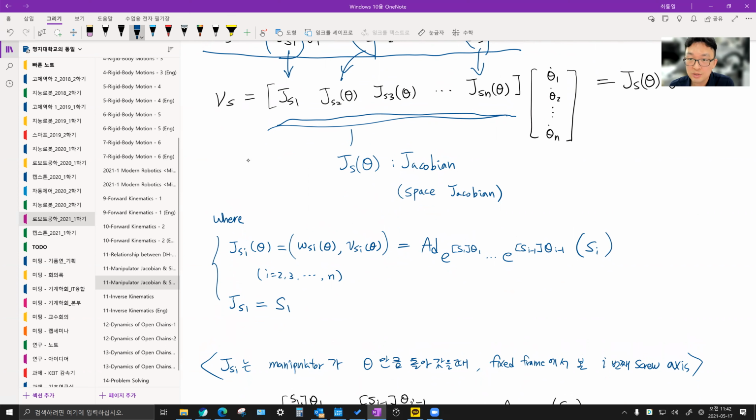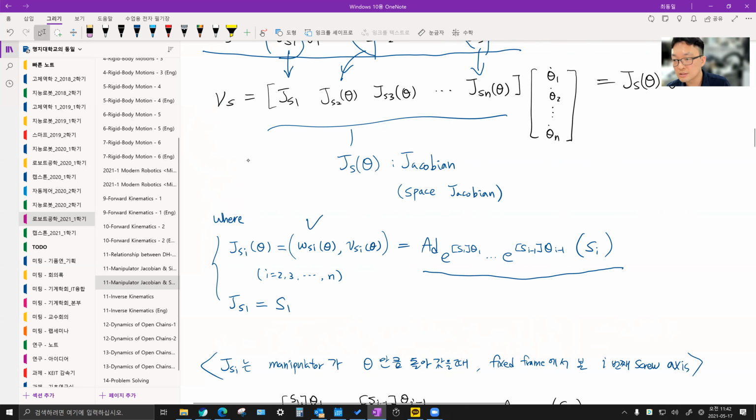So in the space Jacobian, the general expression of the Jacobian column vector becomes like this. The Jacobian column vector is the same as this equation.